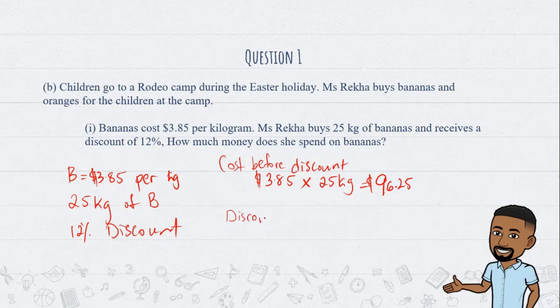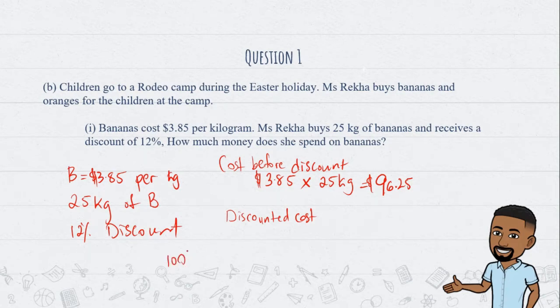So now we need the cost with the deducted discount from it. So in this case, what I'm going to do is to subtract the discount percentage from 100%, because we look at the $96.25 as the maximum amount at 100% of the cost.